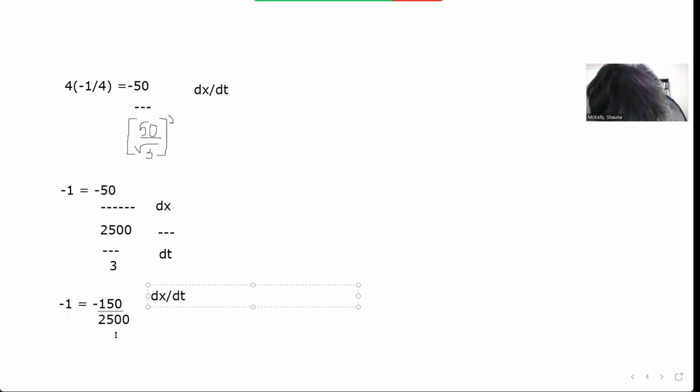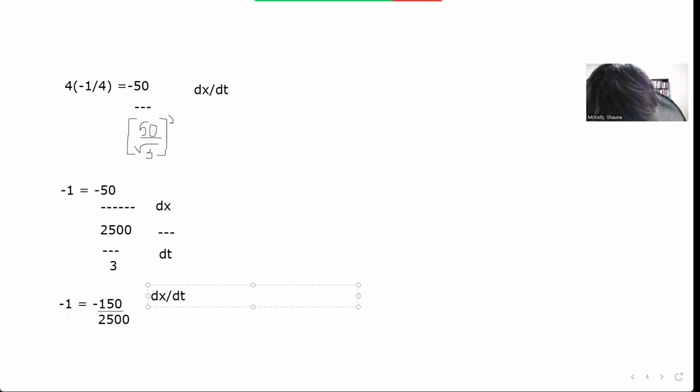So now I'm going to multiply by that negative. Let me share the calculator for a minute. I have 150 over 2,500.